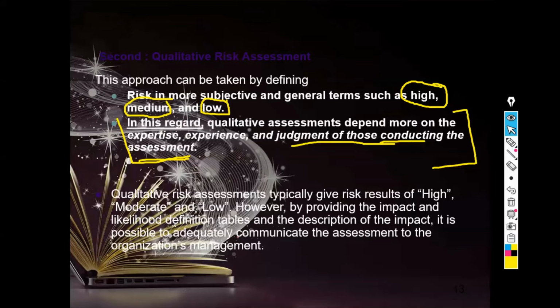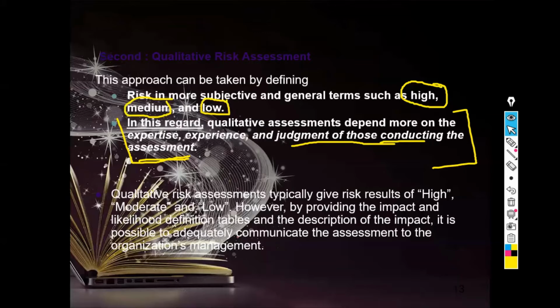You have not done any quantitative approach. You do not know how much it will impact, because when we talk about the quantitative approach, it tells how much it is going to cost the organization. If the impact is financial, how many dollars are we going to lose if this risk occurs.